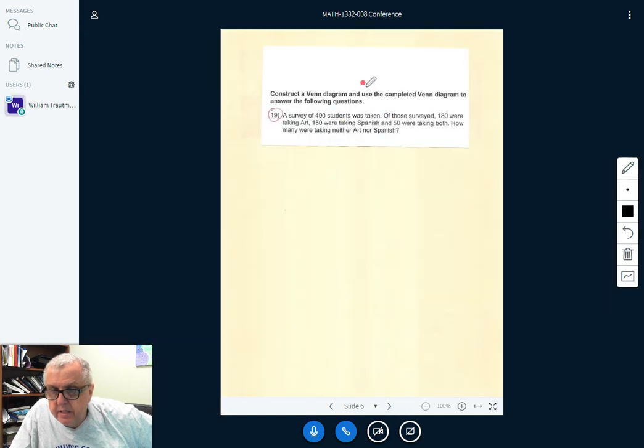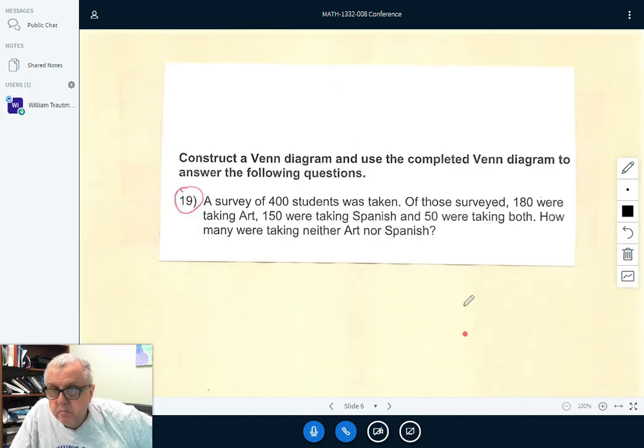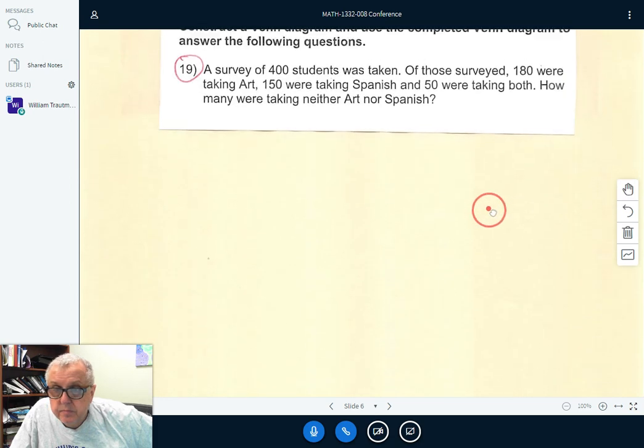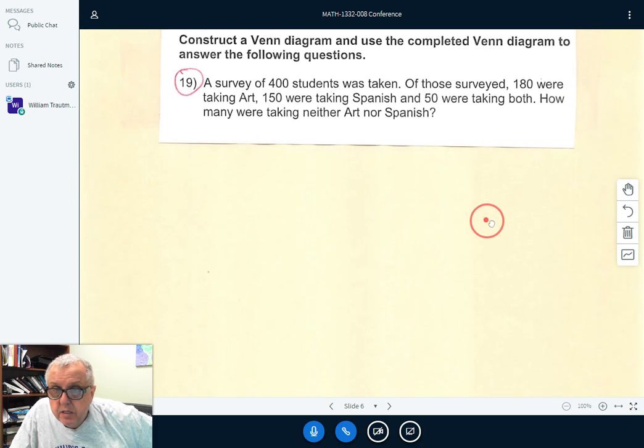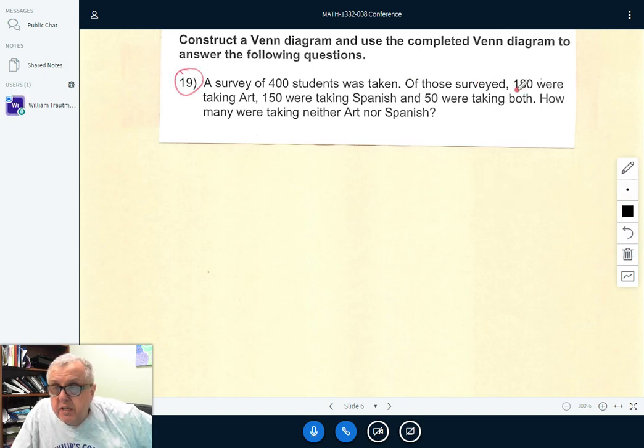All right, going to the next problem. A survey of 400 students was taken. And we have to construct a Venn diagram, it says. Of those surveyed, 180 were art, 150 were Spanish, and 50 were both.